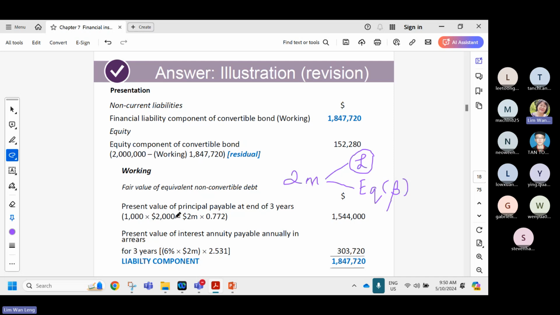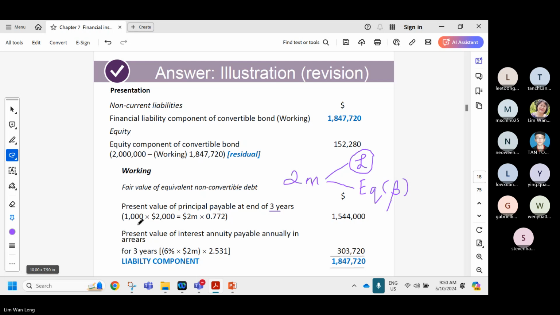So for the liability component, we have to find the fair value of the convertible debentures. First, the present value of the principal to be paid at the end of year 3.